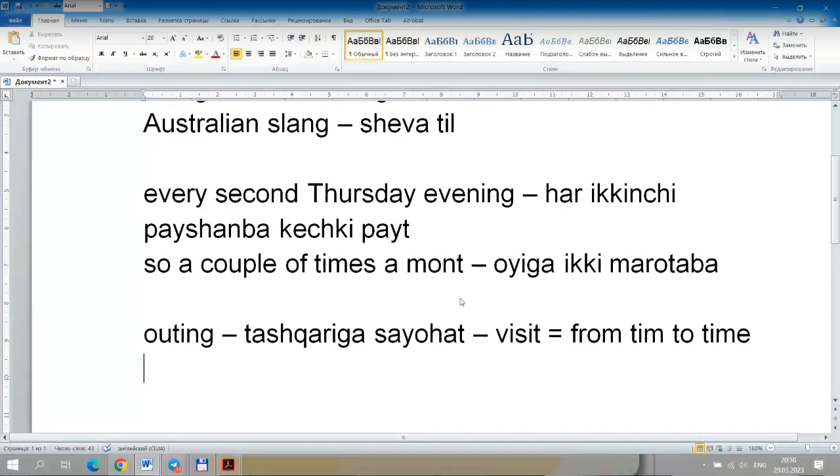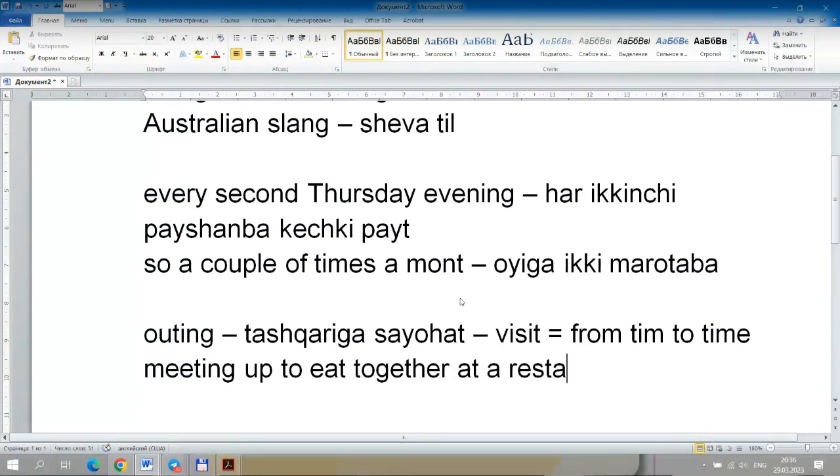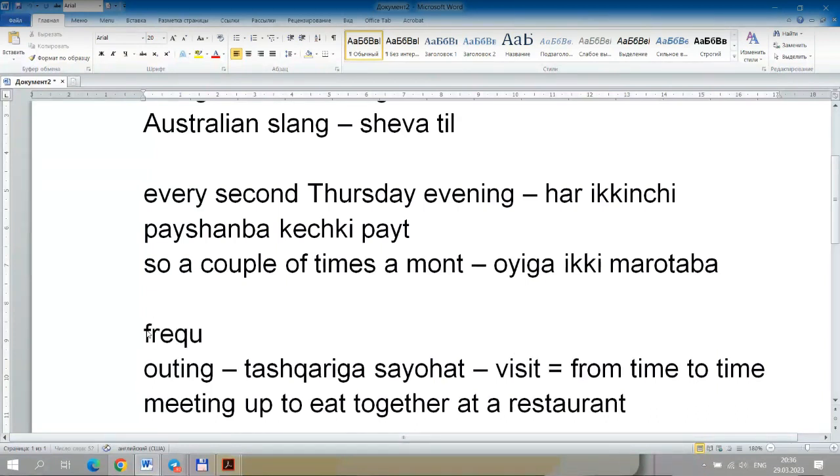To places around Sydney or meeting up to eat together in a restaurant. Yoki deyapti, o'sha uchrashib ovqatlanamiz deyapti. Lekin bu narsalar hammasi o'sha from time to time, ba'zida bo'lib turadigan narsalar ekan. Shuning uchun javobimiz A bo'lyapti. Most frequent, usual thingga to'g'ri kelyapti. Yozib qo'yaman. Frequent is equal to usual.